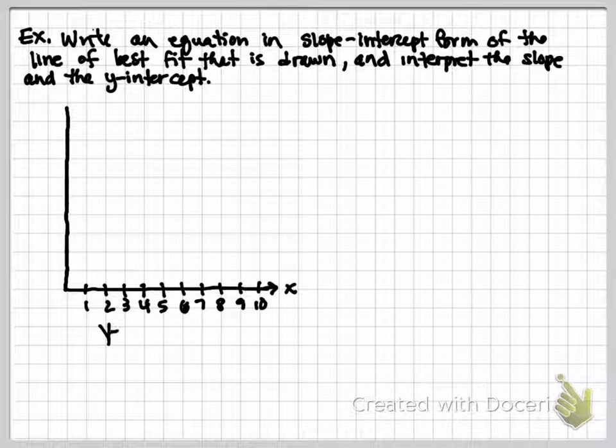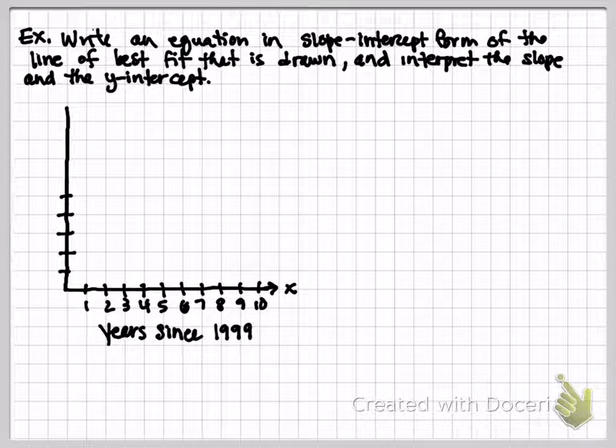This is going to be the years since 1999. $75, $200, $225, $250, $275. Oh no, it's 100. Sorry. So we're counting up by 25.